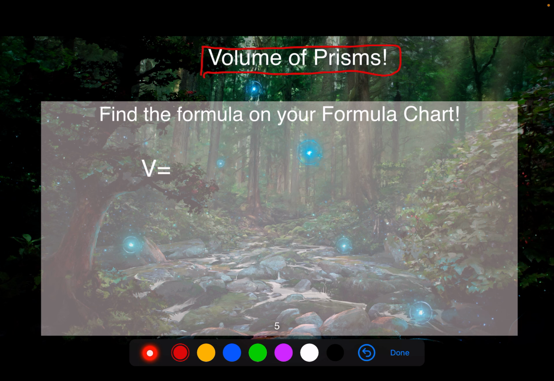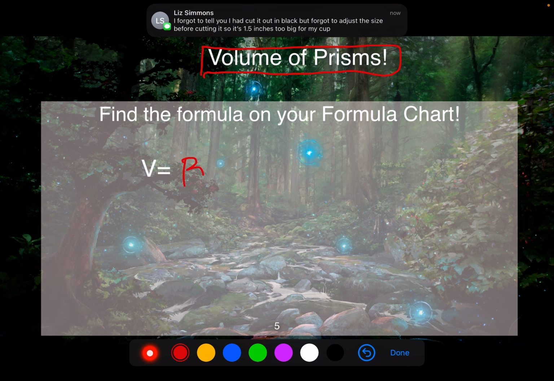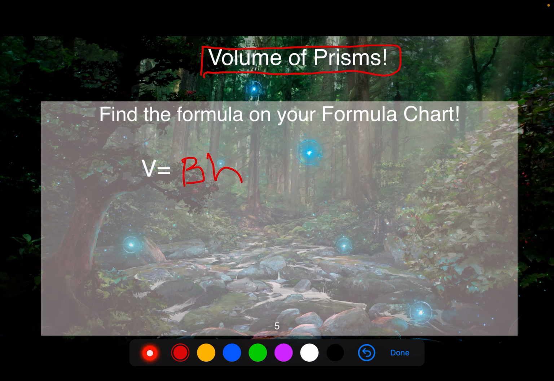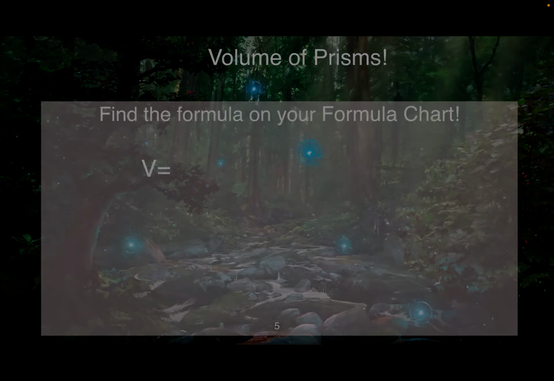Hopefully you found that, and you're going to see that the formula is V equals capital B H. If you notice, this B is different than the B that we've been using in past lessons. We used a lowercase b. This is a capital B. You're going to see why in our next slide.